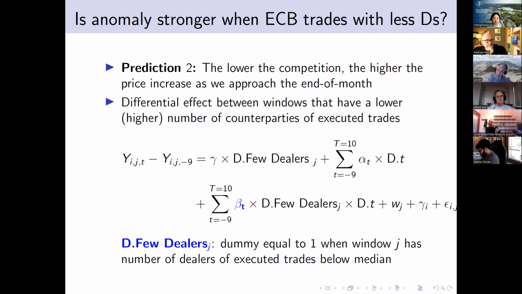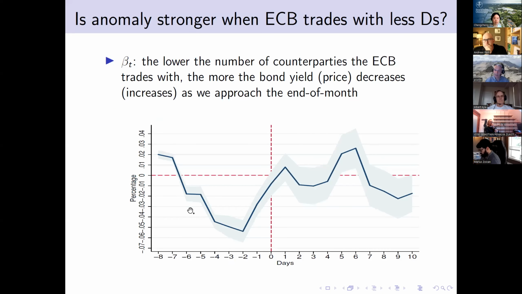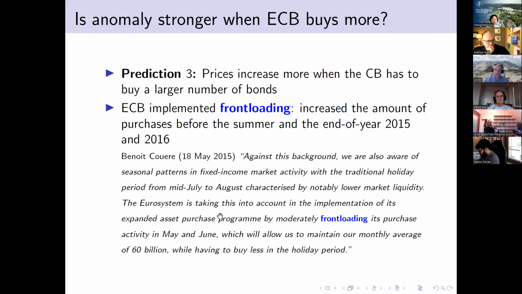There might be more market power on the side of the dealers than in months where they're going to many different dealers. And what we find is that this indicator for few dealers is highly significant. So in months where they're repeatedly going to the same dealers and there's few dealers quoting and trading with the central bank, we see a much stronger pattern than in the other months.